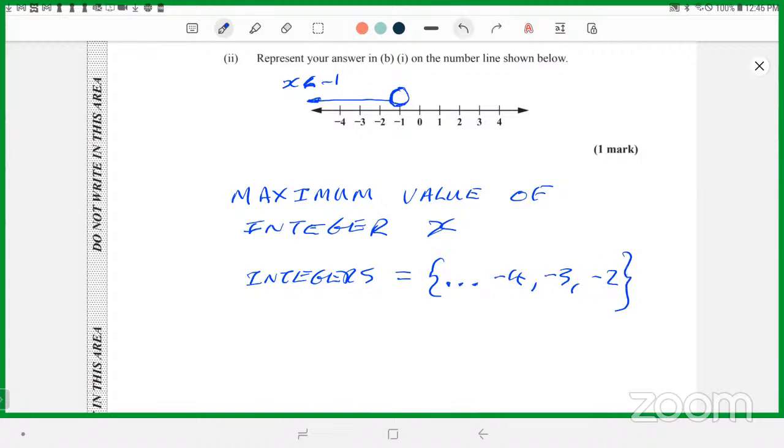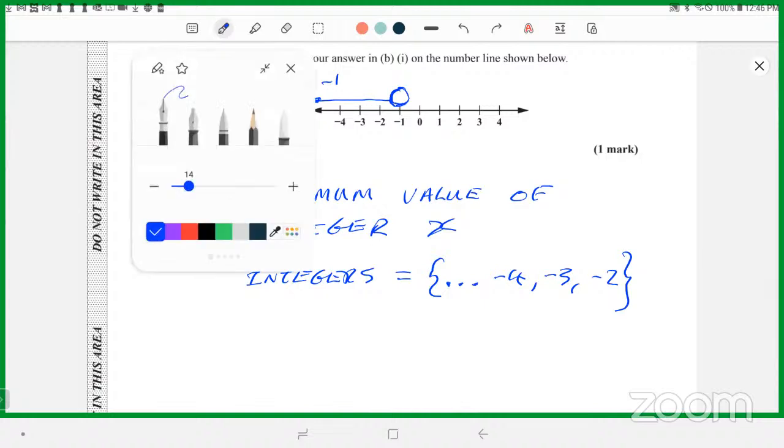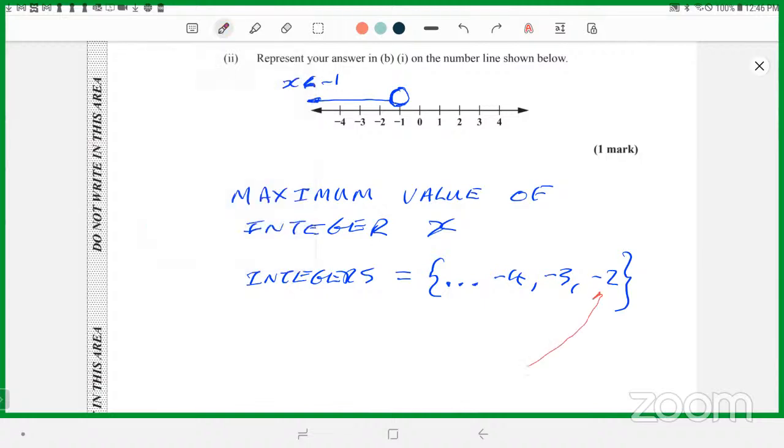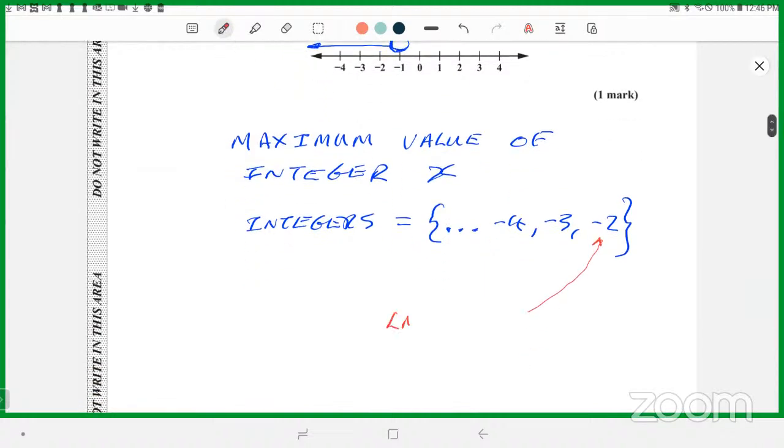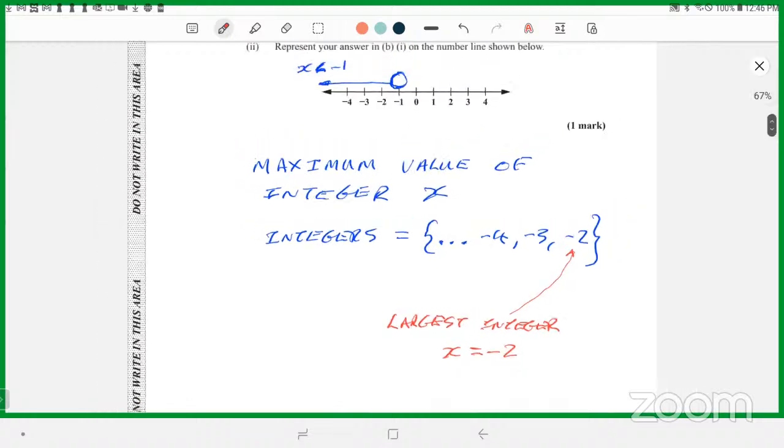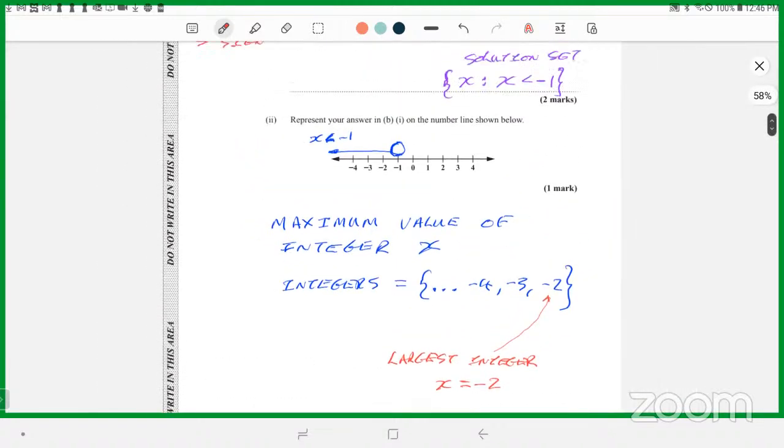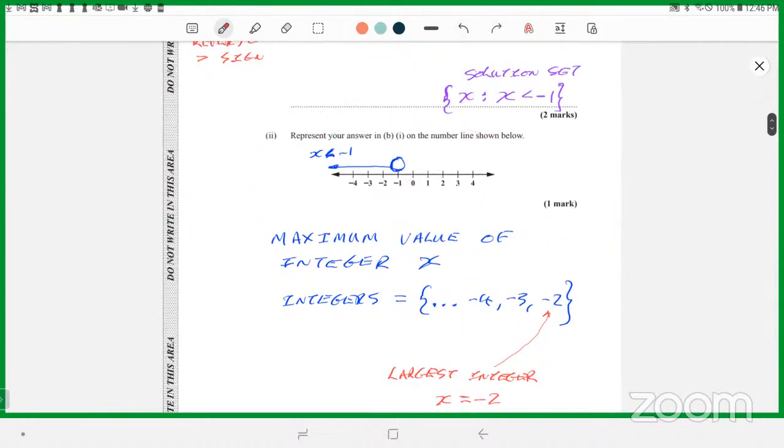I cannot include the -1 because I'm saying that x has to be less than -1. So I cannot include it. This will be the largest one, the maximum value. The largest integer would be x equals -2, if they ask you for that. So sometimes they ask that question as well. But this is the answer for the number line right here. Okay with that?